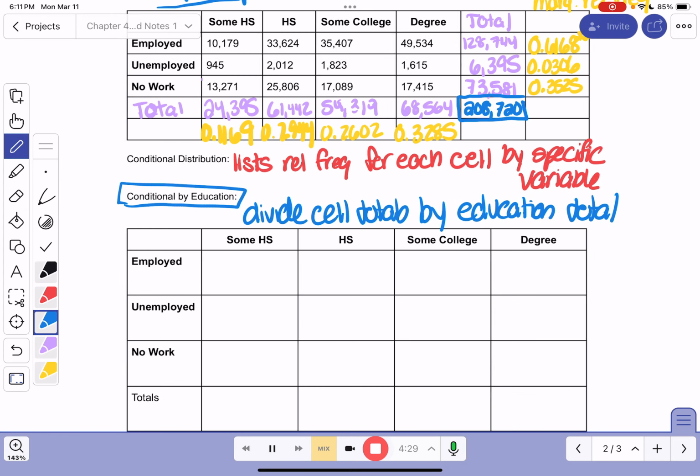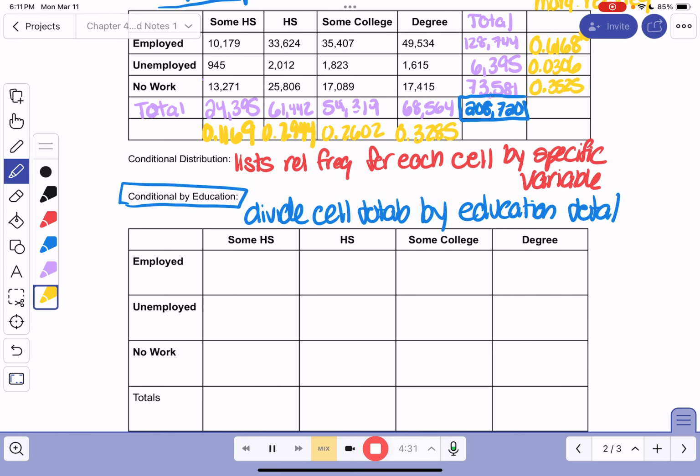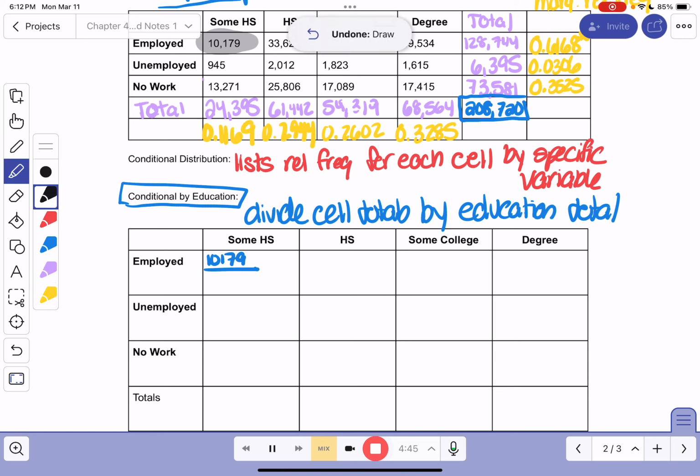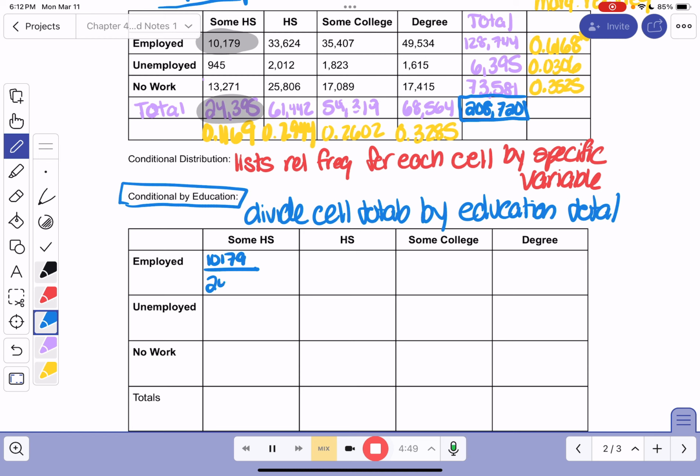So if we compare up here, our employed total was 10,179. And we're going to divide that by the education total, which is this 24,395. So we do that division, and we get 0.417.